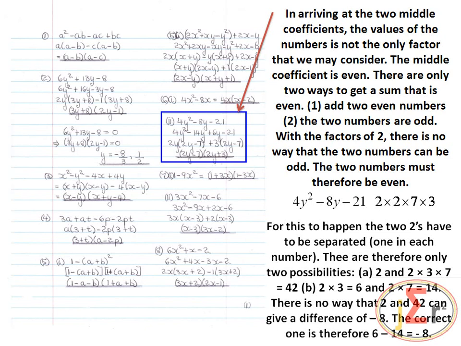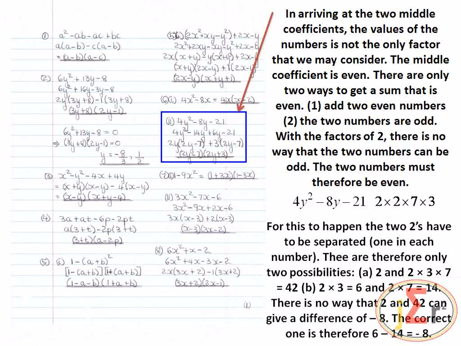And we have used the fact that the middle term is even, and we need to arrange these two numbers that we are about to capture from this product. We have to choose them in such a way that the two of them are even. And we have concluded that the two numbers are 6 and 14. 2 7s 14 and 2 3s 6.